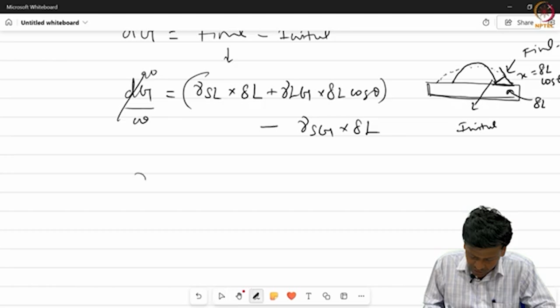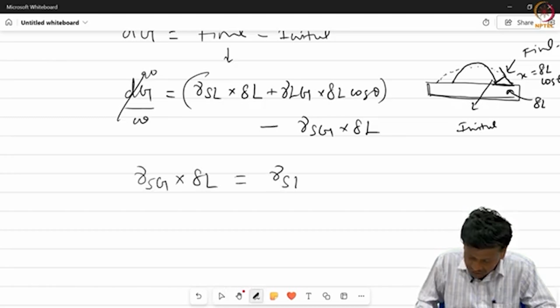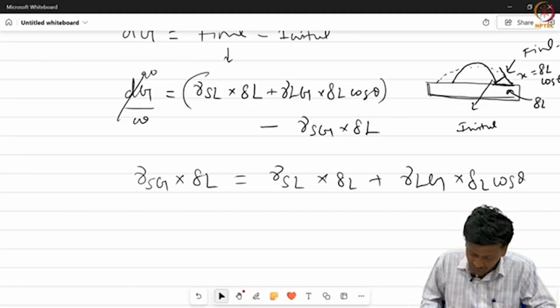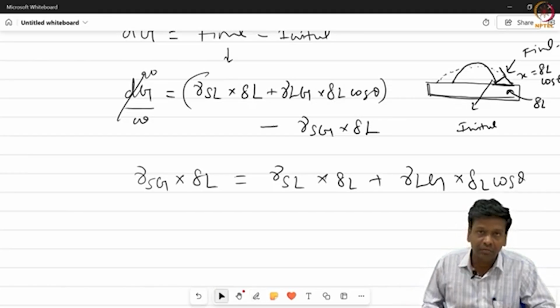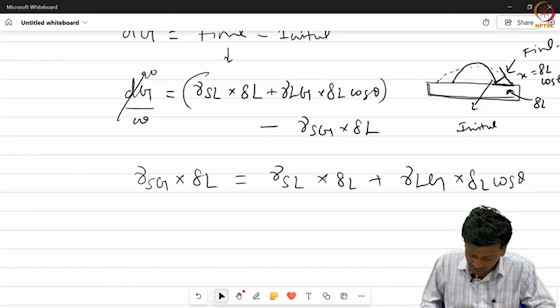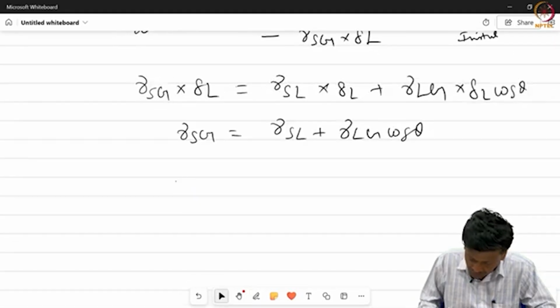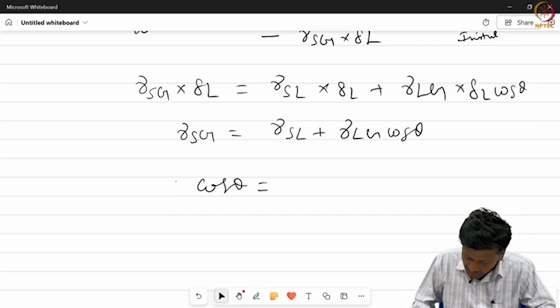So we can simply have gamma Sg into delta L, which is nothing but gamma SL into delta L plus gamma Lg into delta L cos theta. If I divide both sides by delta L, I will simply get gamma Sg is equal to gamma SL plus gamma Lg cos theta, or cos theta is nothing but gamma Sg minus gamma SL by gamma Lg.